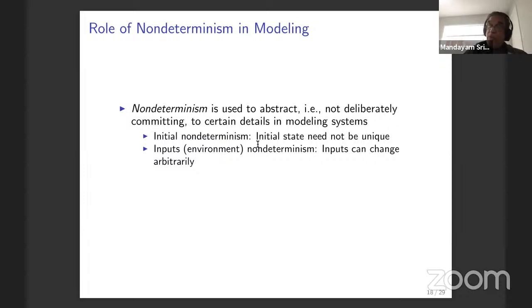The inputs we get from the environment are included as extra components of the state, and we define the transition relation in such a way that it doesn't constrain the inputs from the environment at all, or you can constrain it as much as you want.